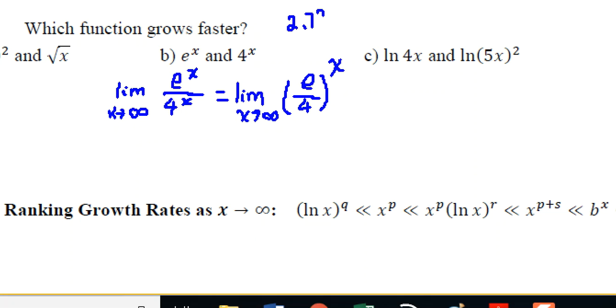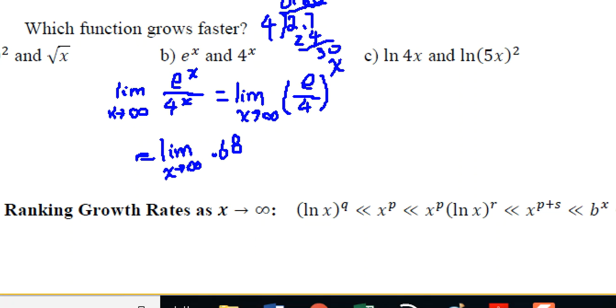I'm just going to say around 2.7. 2.7 divided by 4 is 0.6 something, about 0.68. Therefore, this limit is about 0.68 raised to some x power, and this x is going to infinity.